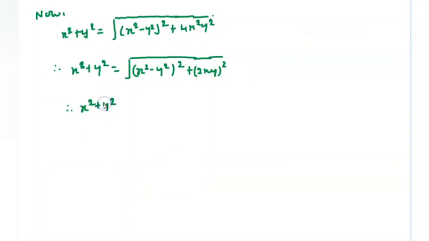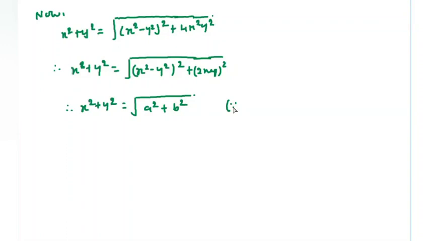So let us substitute the values. Therefore x square plus y square is equal to square root of, the value of x square minus y square is a, so we will get a square, and this is b, so you will get b square. Clear? Obviously this value is going to be positive. Plus or minus we have not taken, only plus.